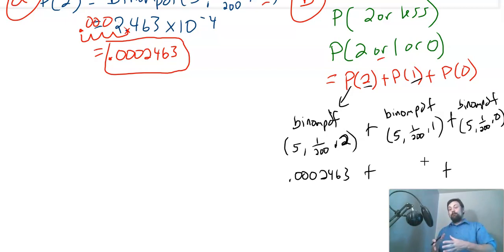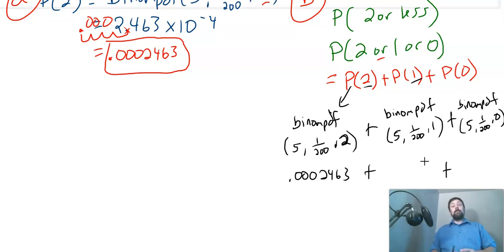Now, when there's only 3 like this one, you might think, okay, since it's kind of doing what I already know how to do, maybe I'll just stick with doing that. But there can be some problems on the test and on the homework where you might have to do 5 of these or 7 of these. It might say, the number of trials is 15. What's the probability of having at most 7 successes?